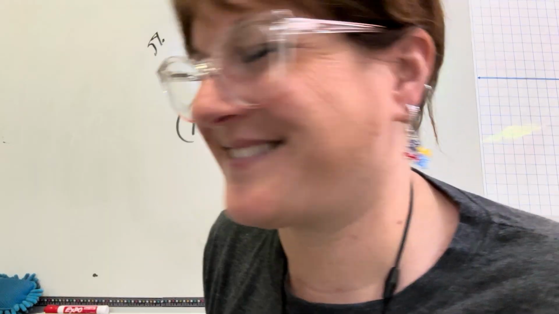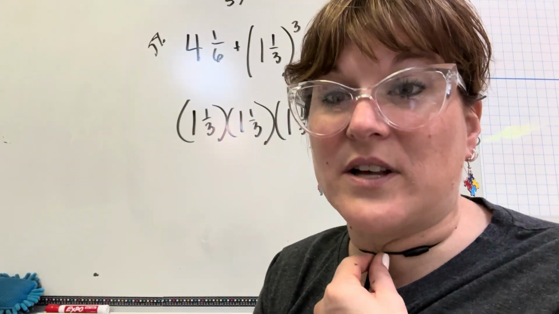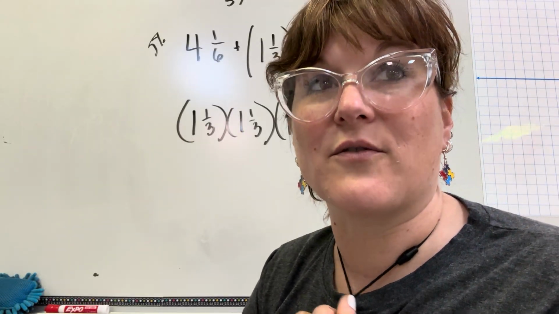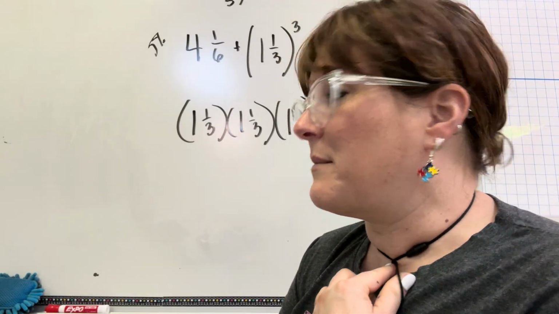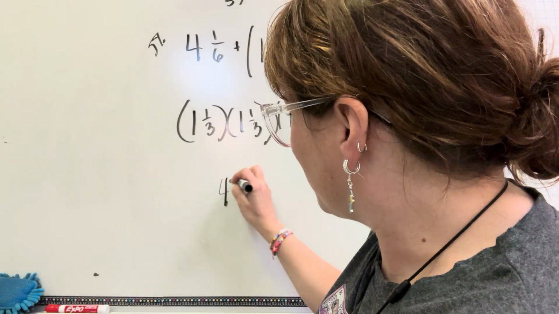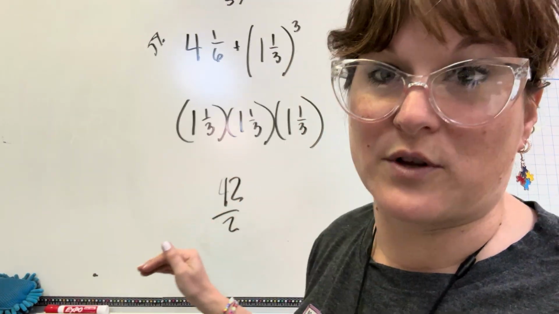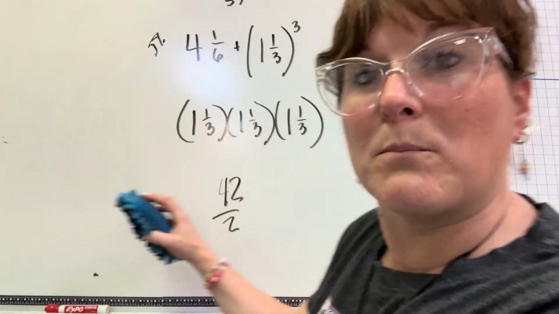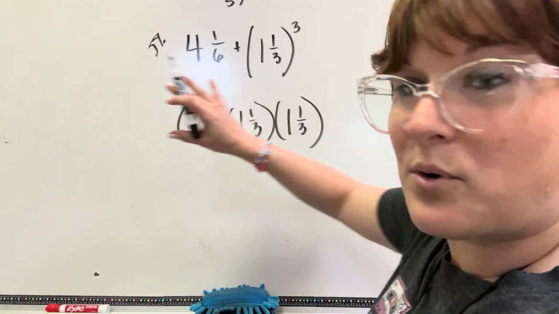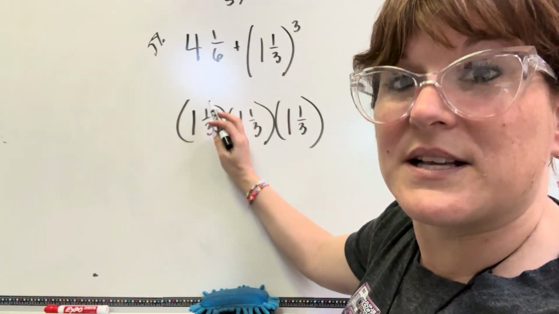3 times. Now, I love improper fractions. I think they are fun. I like them. Improper, like 42 over 2. That's improper. The number on top is bigger than the bottom. That is an improper fraction. To make these improper, I assume you know, 3 times 1 plus 1.